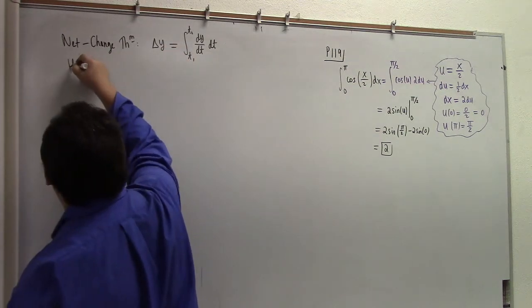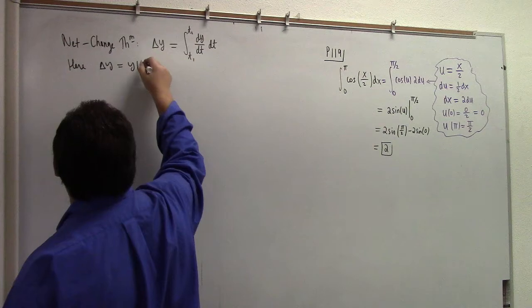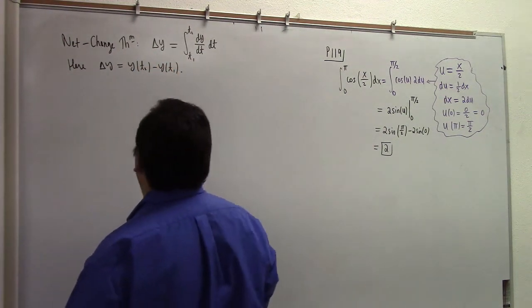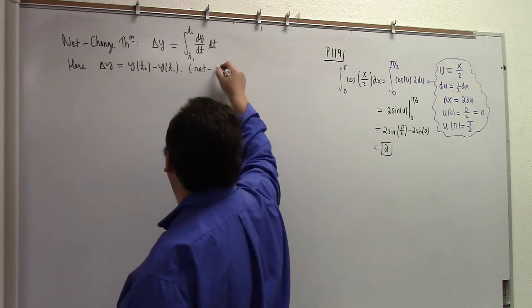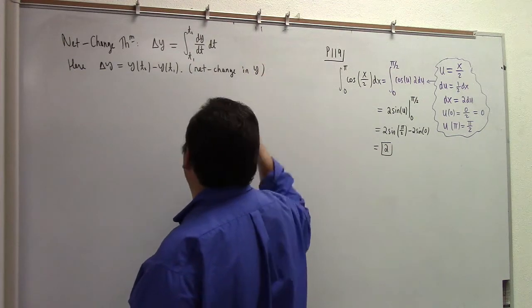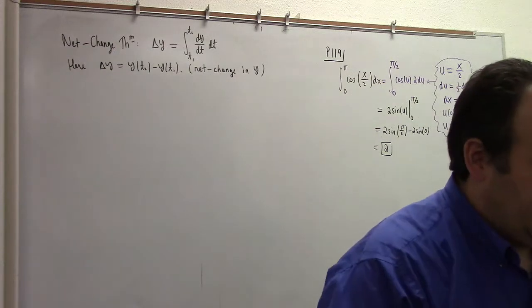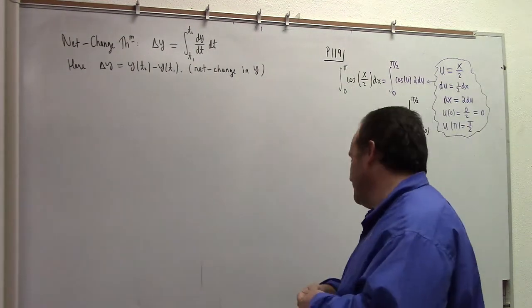Delta y would be y of t2 minus y of t1. So that would be the net change in y. I think I wrote the theorem before in terms of x and y, but maybe it's good to write it in terms of time. Excuse me. My apology to the people on the YouTube. That might have been deafening, I don't know.